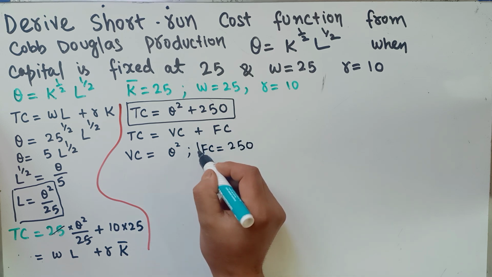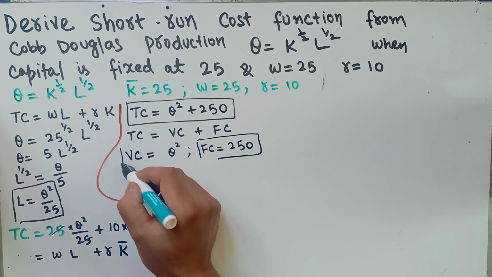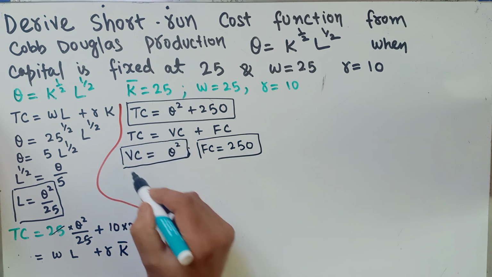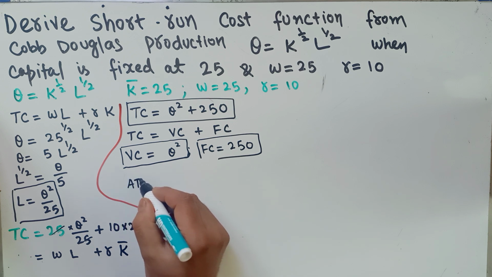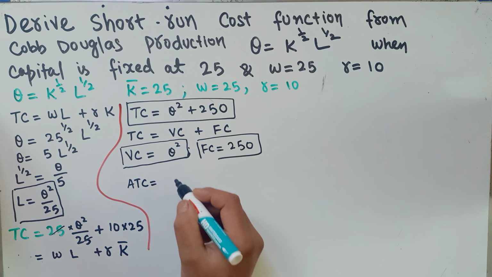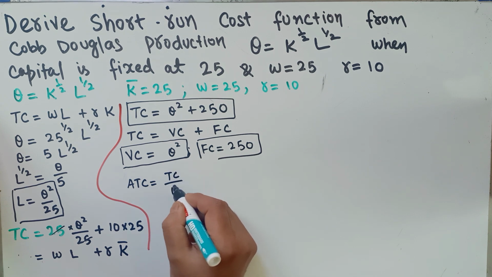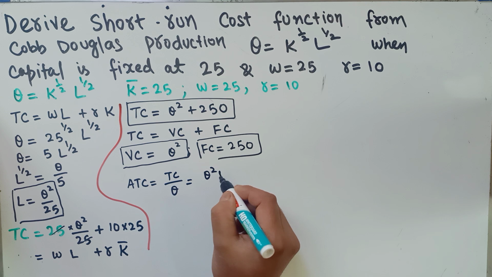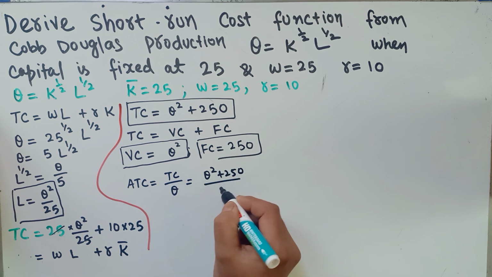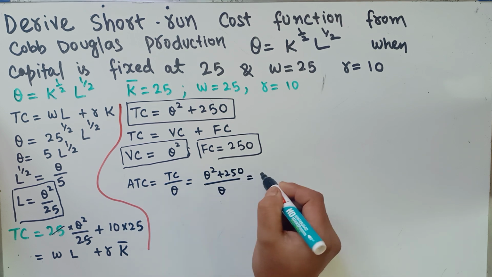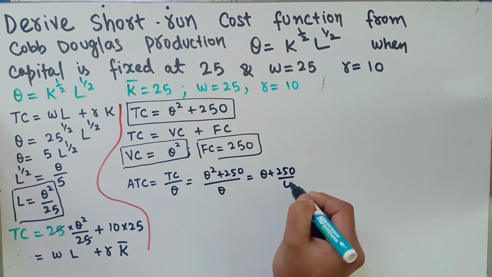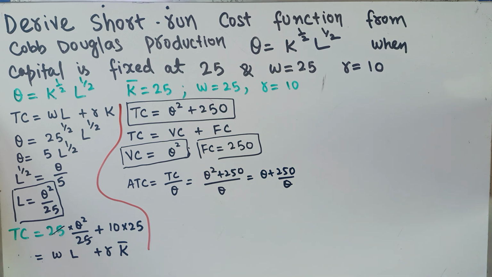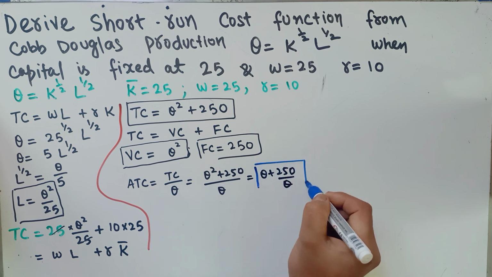So this is the fixed cost and this is the variable cost, and similarly we can find the average total cost. Average total cost will be equal to total cost upon output. Total cost is Q squared plus 250. Dividing by Q, it will be equal to Q plus 250 upon Q. This is the average total cost.